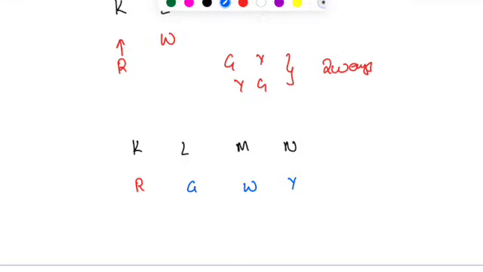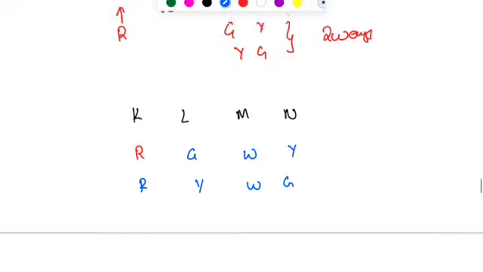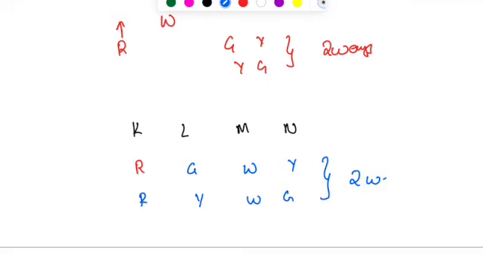And is there any other way? Then again I can write Y and G with R over here, W over here. So this is two ways. Then is there any other way? That's all. These are the only two ways.